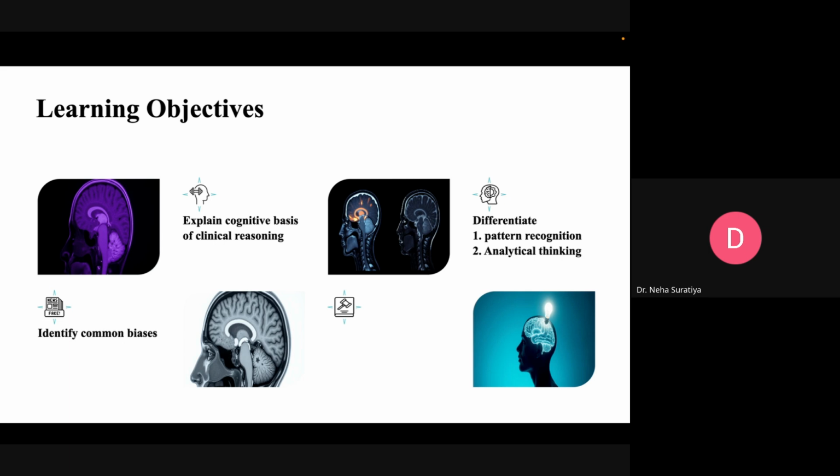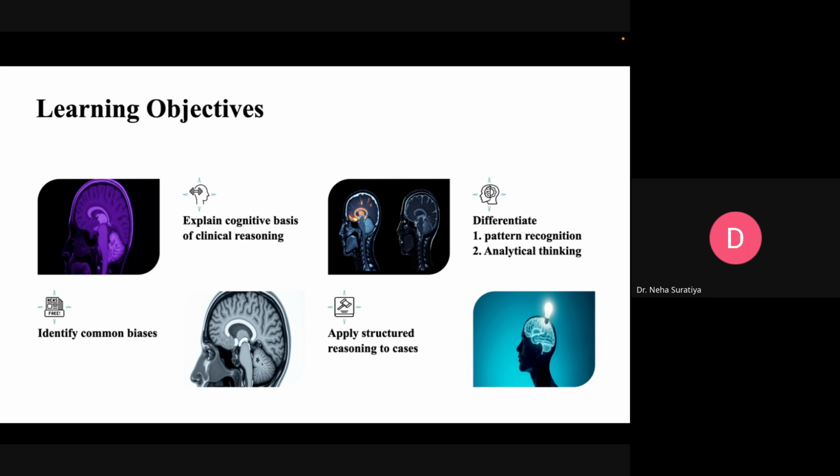Also, by the end of this session you will be able to identify some of the very common biases that can happen, and you will be able to apply structured reasoning to cases. How to do it, I will explain. So by the end of this module, I can say you PharmD students particularly will be able to understand how these clinical decisions are actually made.